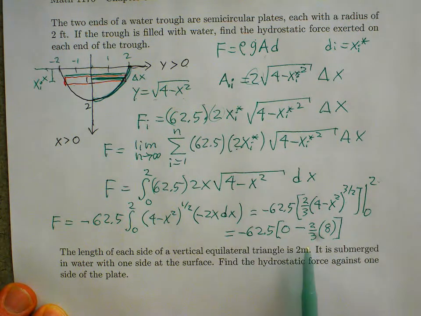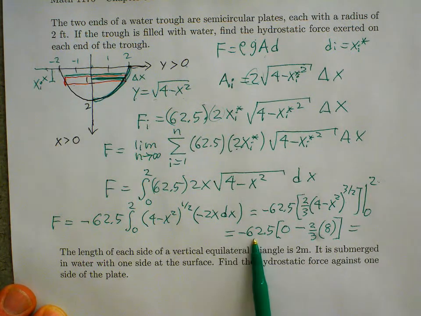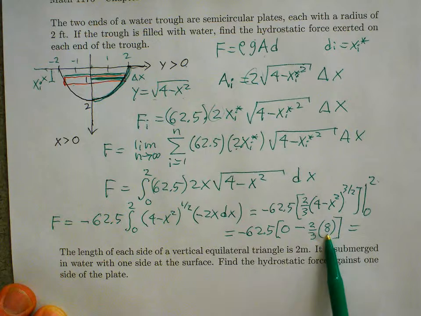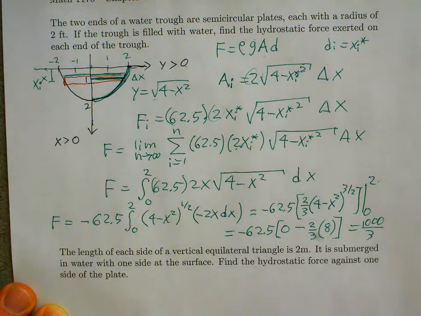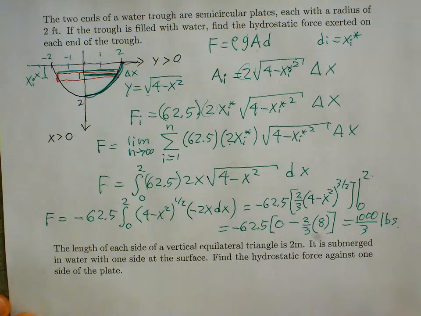So we get a negative times a negative. Negative 62.5 times negative 2 is positive 125. And 125 times 8 is 1,000, and 1,000 divided by 3, or 333.3 pounds for the hydrostatic force.